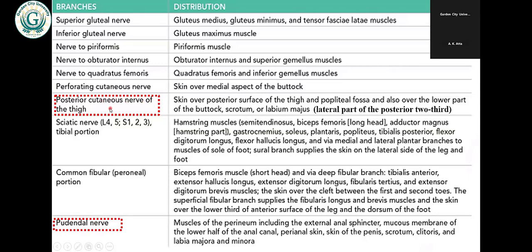It's a cutaneous nerve, and we'll see that it supplies some part of the scrotum and the labia majora. We are looking at the lateral posterior two thirds of the labia majora, which are supplied by the posterior cutaneous nerve of the thigh. So I repeat, for the sacral plexus, the nerves that we are interested in are the pudendal nerve and the posterior cutaneous nerve of the thigh.